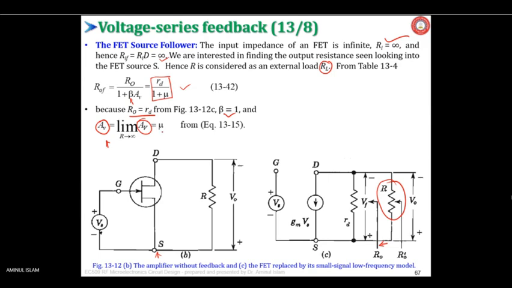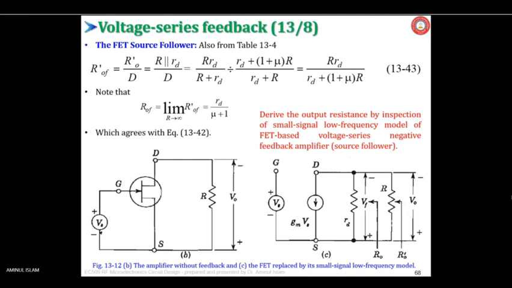And this AV is the voltage gain including RL. So AV small v equals the limit of AV capital V as R tends to infinity, equals mu.